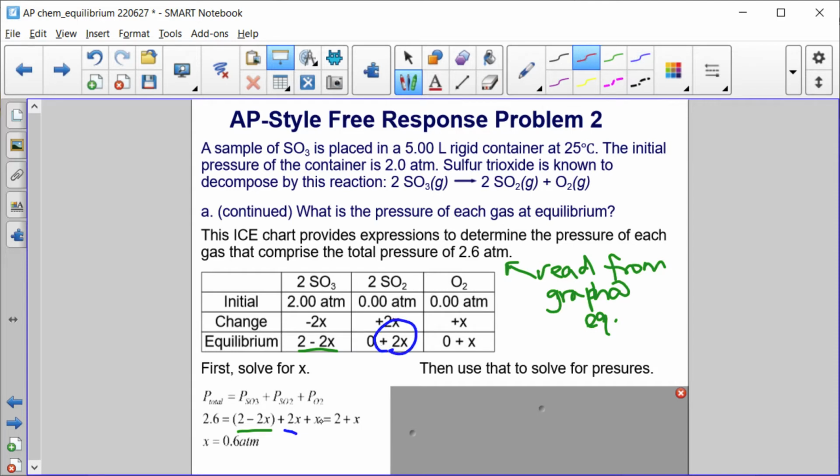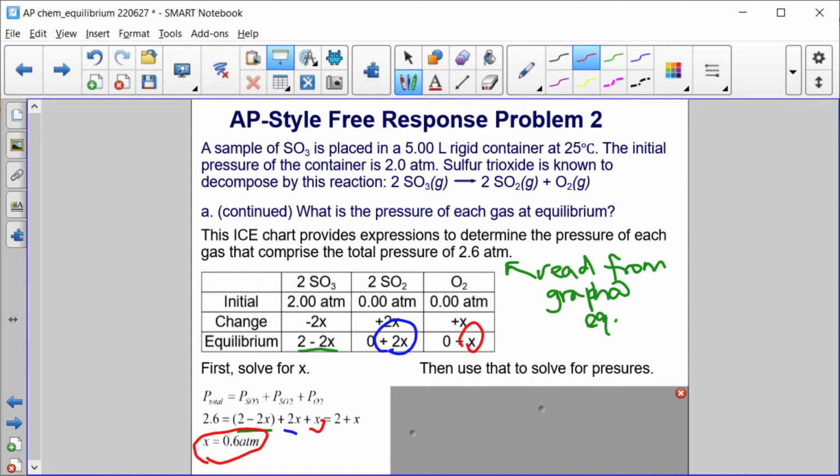And the pressure for O2, x. So 2.6 equals 2 minus 2x plus 2x plus x. If we simplify that, we get 2.6 equals 2 plus x, or x equals 0.6 atmospheres.